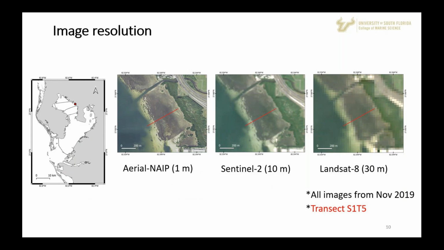So basically the major patterns in the image remain similar, but small patches or small features might not be captured either by Sentinel or the Landsat sensor. So the image resolution is a limitation for mapping seagrass densities, but I would say that it is not for detecting the dense seagrass areas.